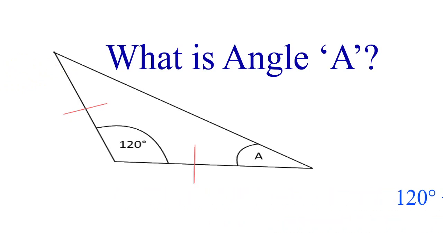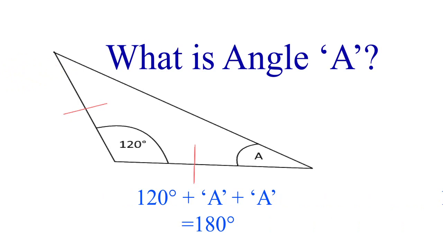It would give us 120 degrees plus A plus A equals 180 degrees. Look, now we have 2 A's. We can even simplify this equation further by saying that 120 degrees plus 2A equals 180 degrees. That is, 120 degrees and 2A together make up 180 degrees.